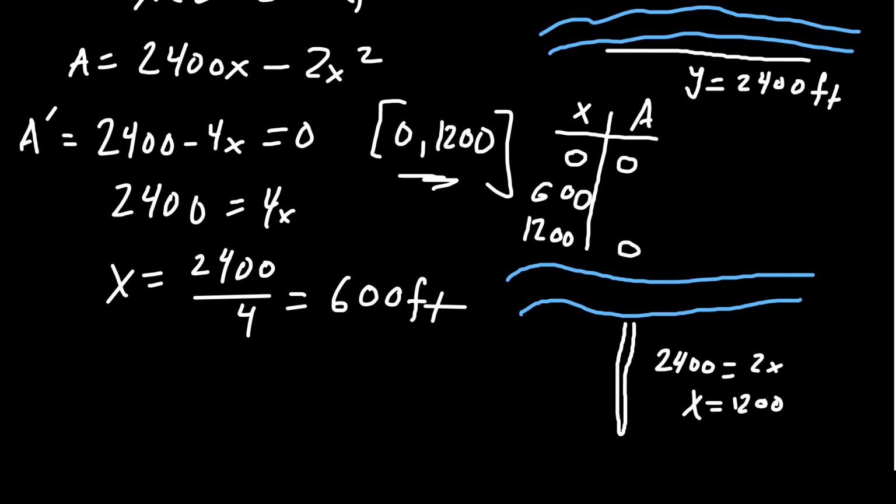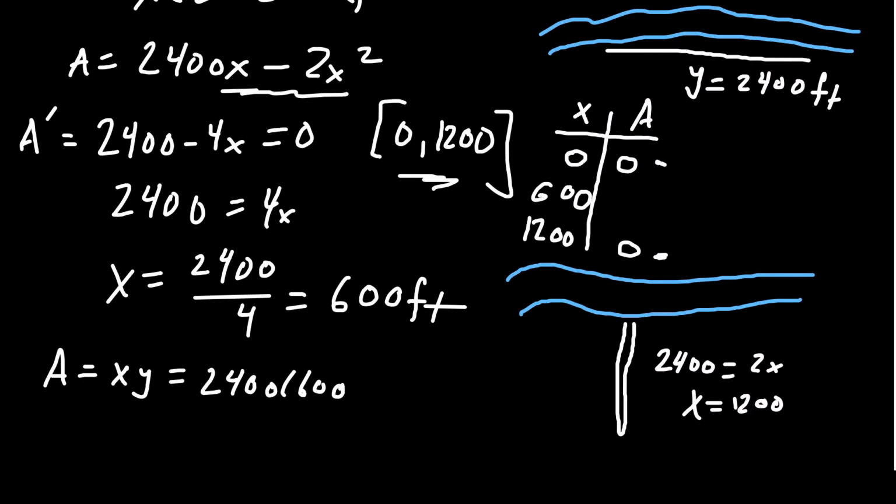And so this is our only critical number. Given the other two were 0, I have high hopes that this number will be something better. If we go back to the original function, A equals x times y, you could plug the 600 into this equation and get 2400 times 600 minus 2 times 600 squared.